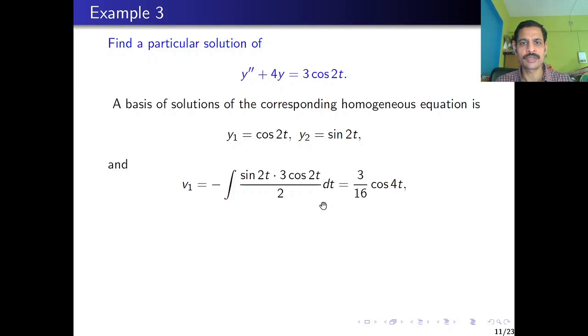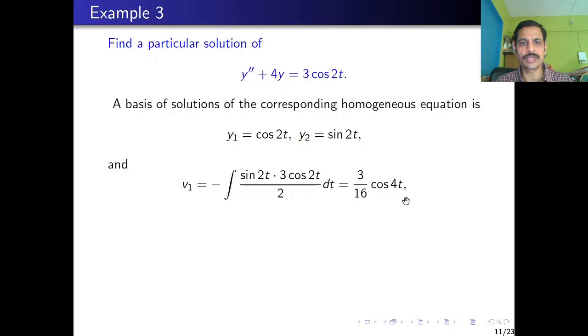Together we can use the trigonometric formula, multiplying the denominator by 2 and the numerator again by 2, to convert this into sin 4t.